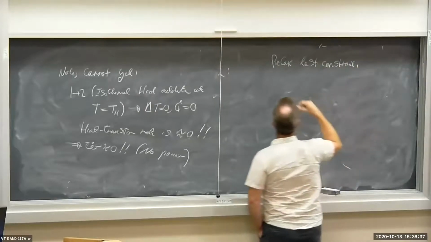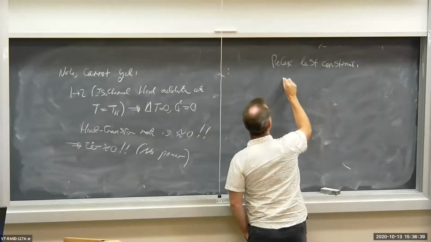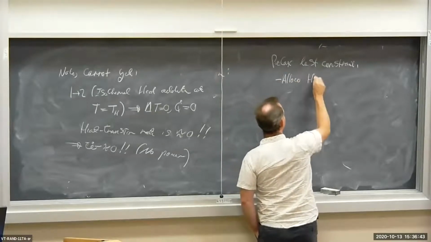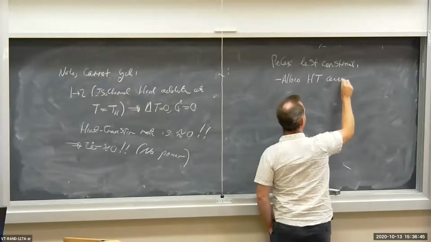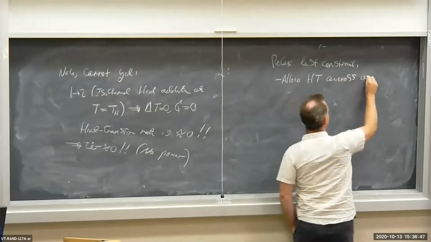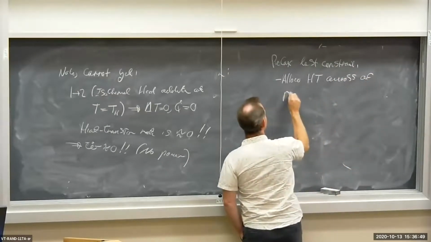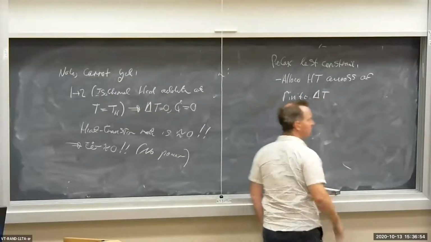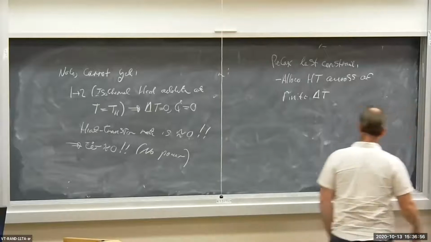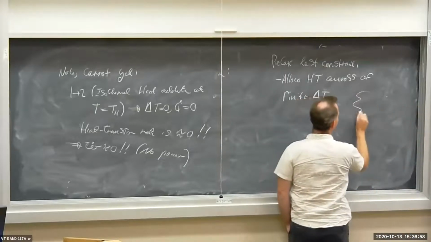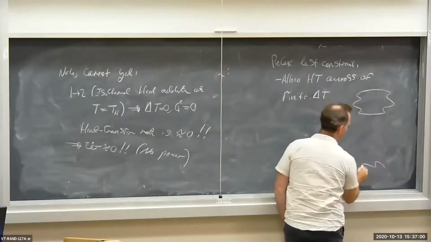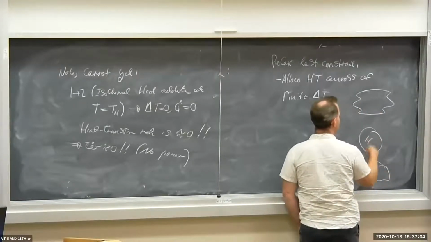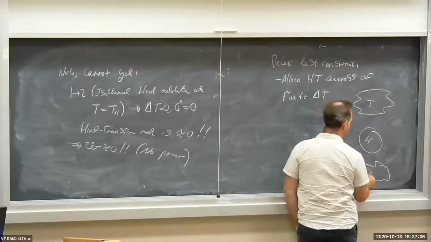In other words, we allow heat transfer across a finite delta T. Okay? We're going to allow our heat engine, which interacts between some temperature limits. So here's our heat engine. Here's T high and here's T low.